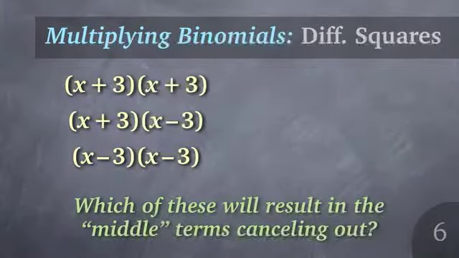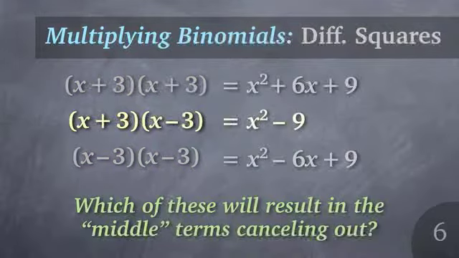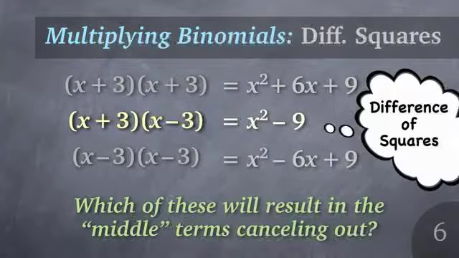Multiplying binomials. Which of these will result in the middle terms canceling out? Yep, that middle one. It's the difference of squares.